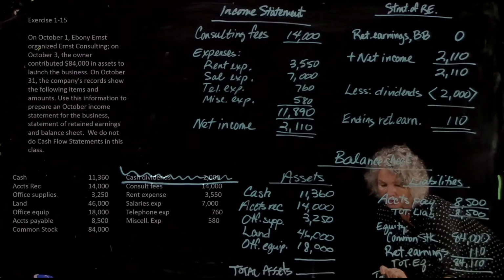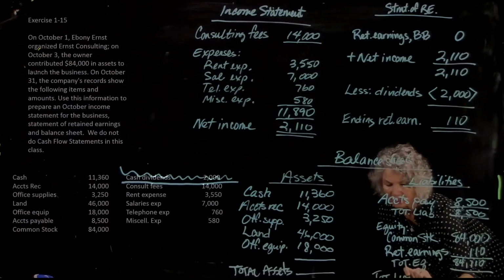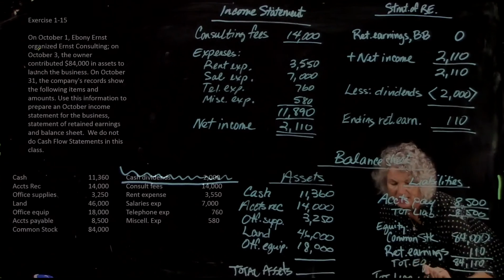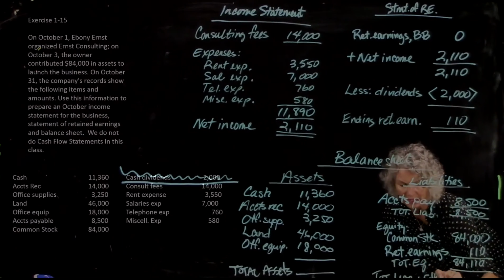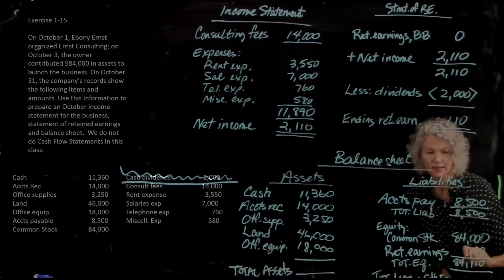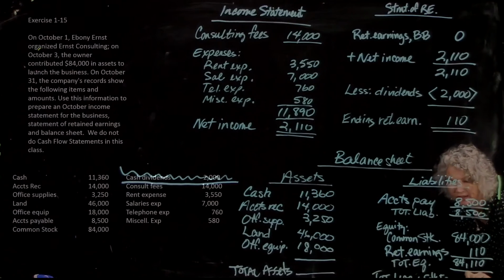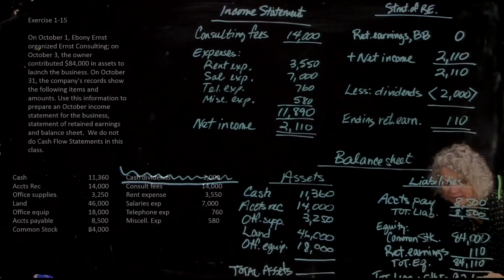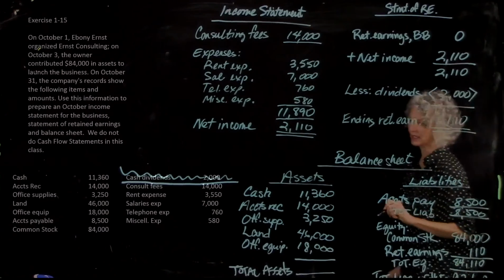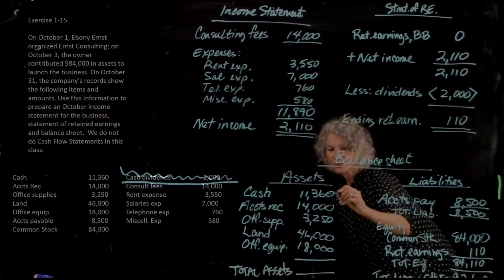So total liabilities plus stockholder equity equals 8,500 plus 84,110. So I have 92,610, and I hope that is right.